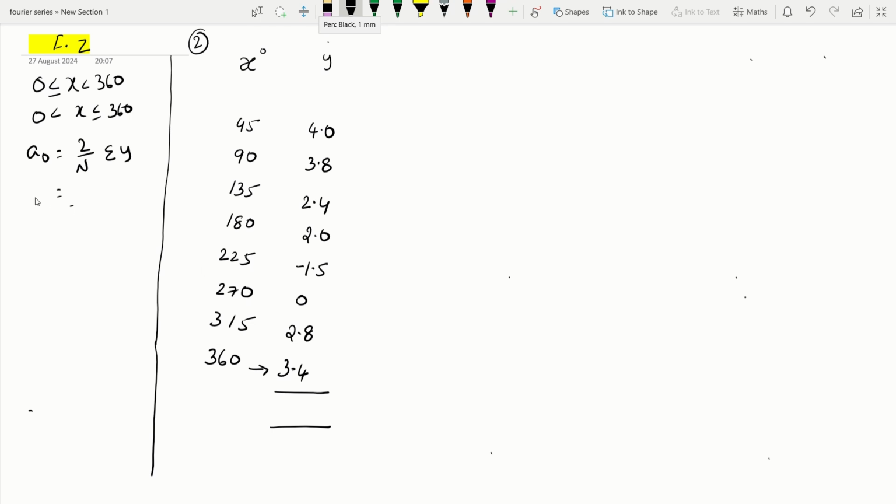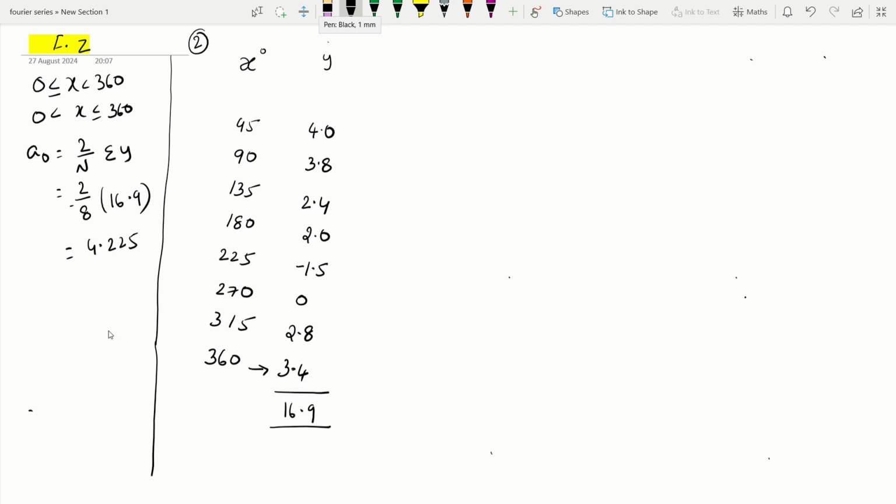Similarly 2 by 8, and summation y we need to calculate. So what is summation y? 16.9, I got it. Then A naught answer is 4.225. 4.225 will be your A naught.